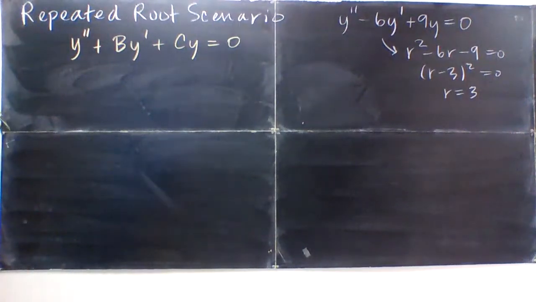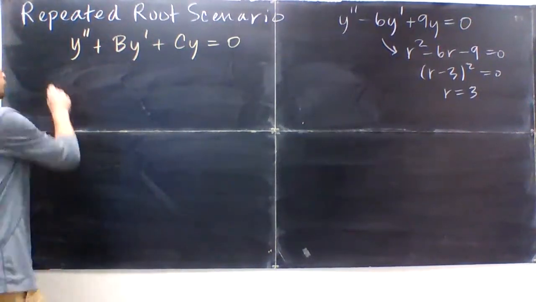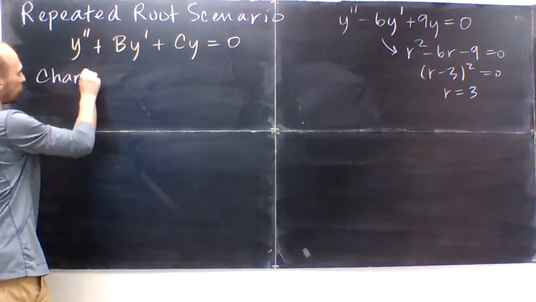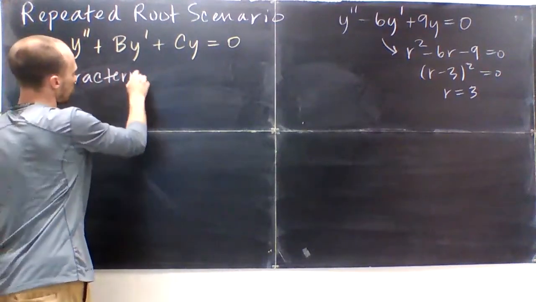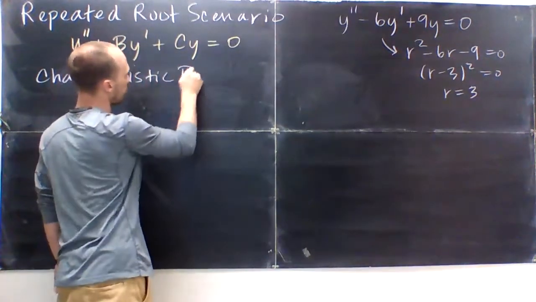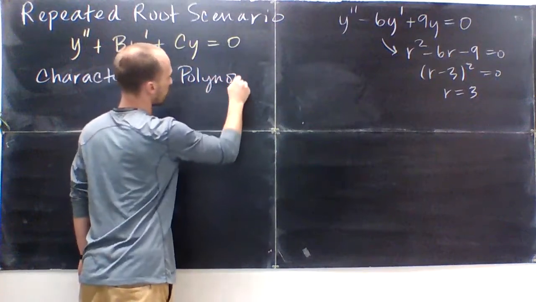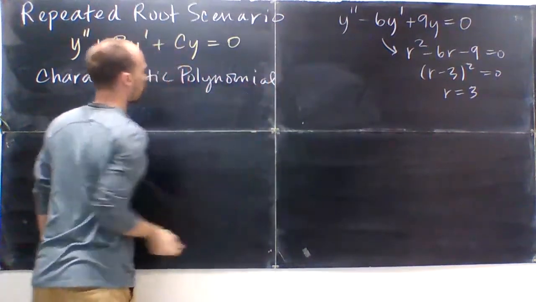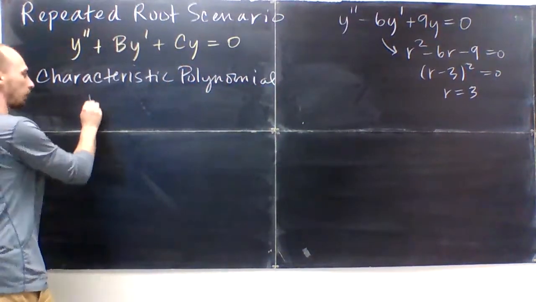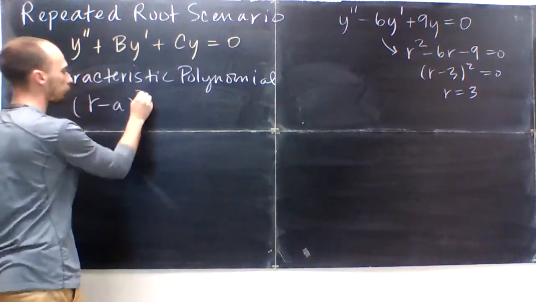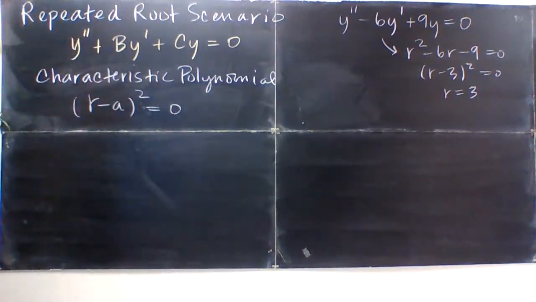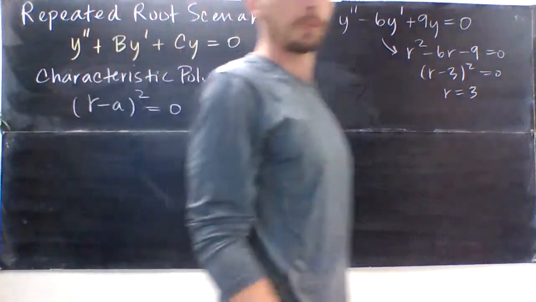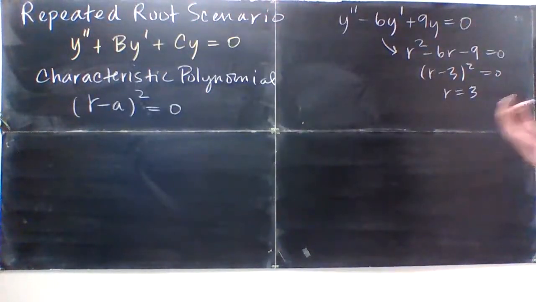So the thought is if our characteristic polynomial comes back as something like r minus a squared equals 0, okay? We'll have e to the at twice.